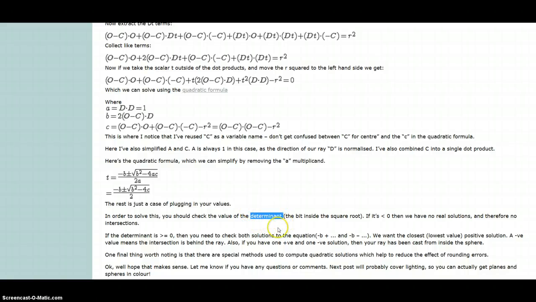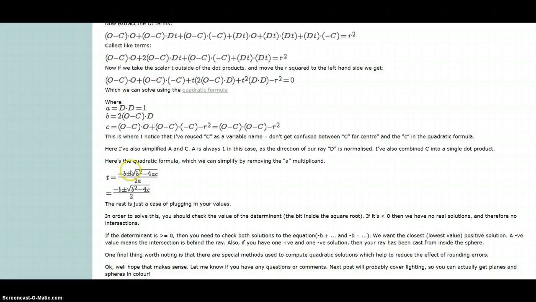If the determinant's result is less than 0, then there are no intersections, so there is no sense in continuing the calculation. But if it's greater than 0, then you can continue with this quadratic formula, and you need to calculate both the plus and minus operations.